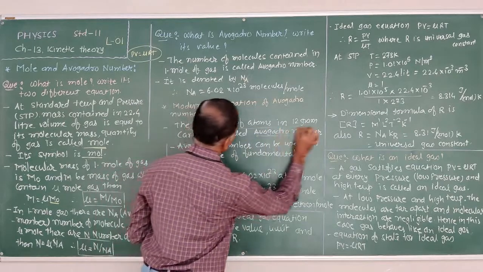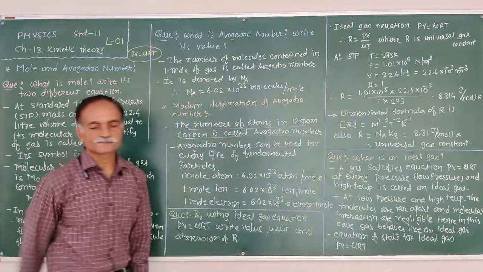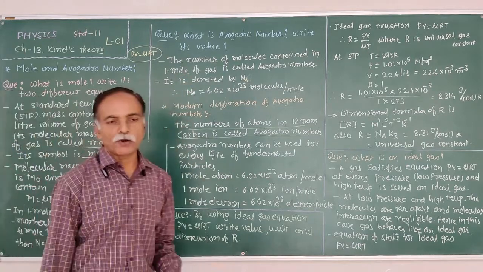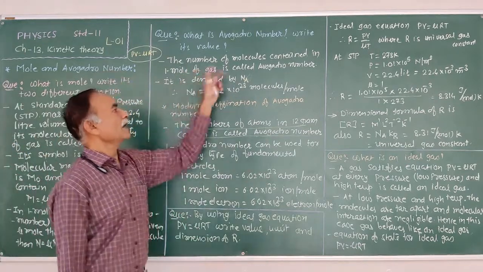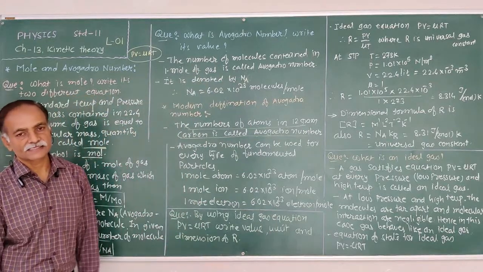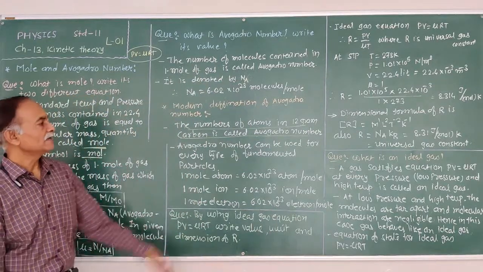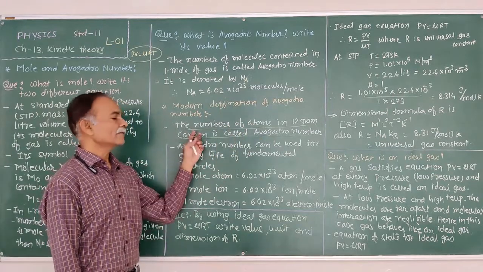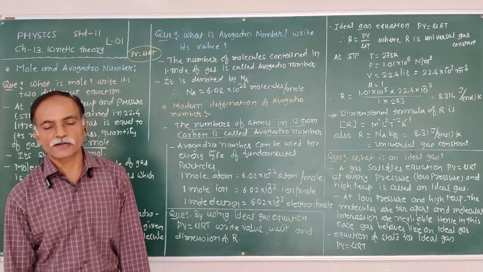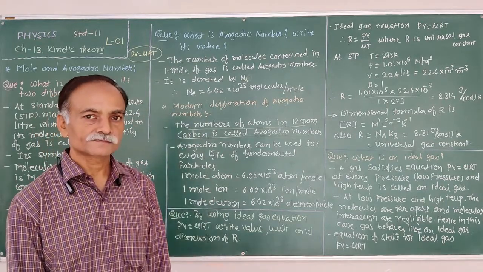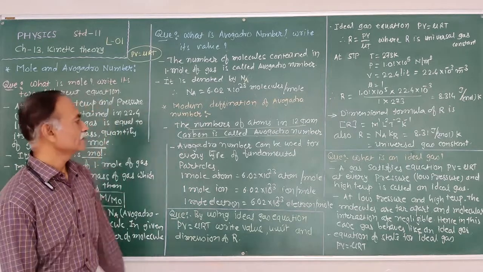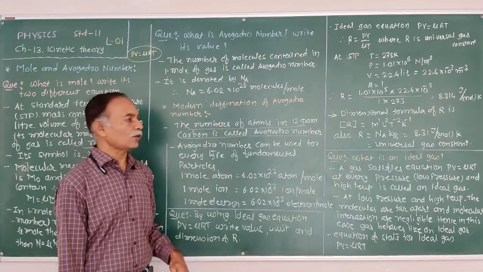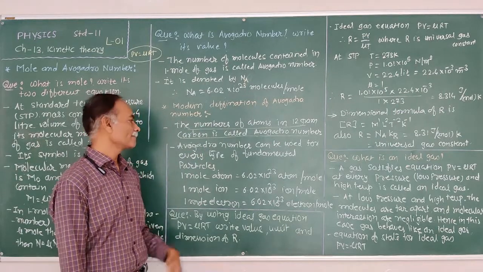While the old definition is the number of molecules in 1 mole of gas, here the number of atoms in 12 gram carbon is called the Avogadro number.